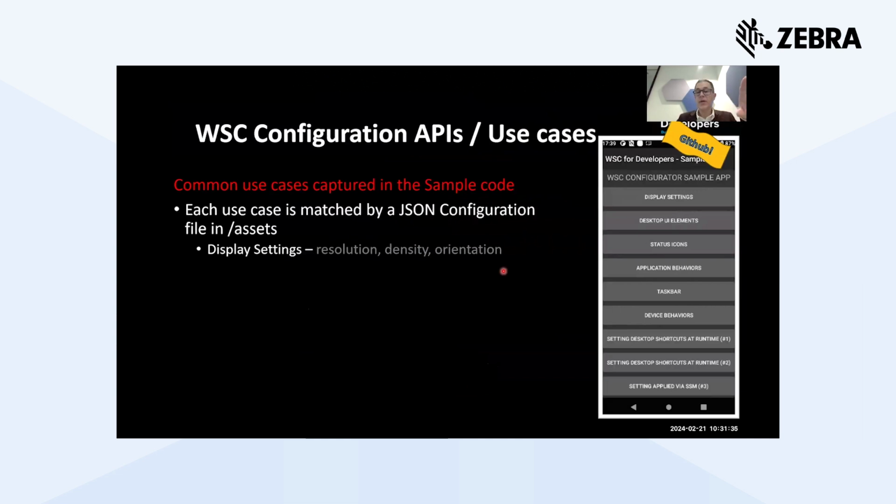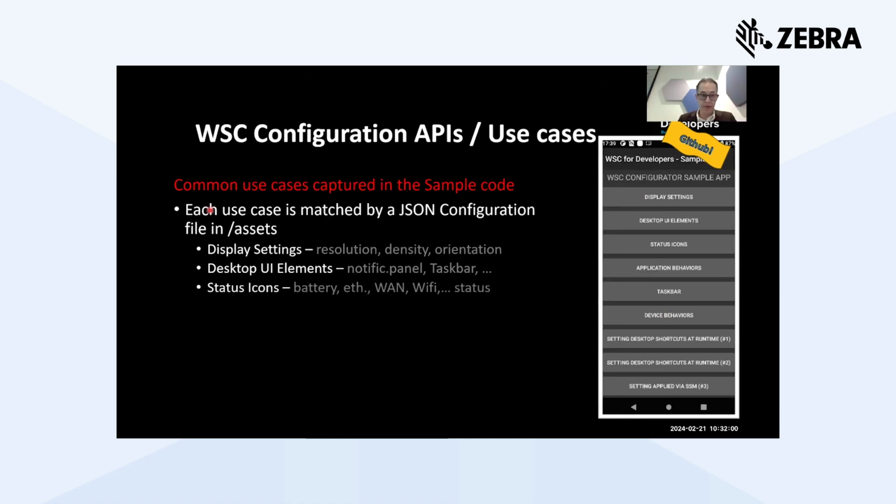For your convenience, the sample application is offering several small use cases. For instance, the first one is a button setting display resolution, density, and orientation. But you can also deal with the notification panel, taskbar, as I showed before.